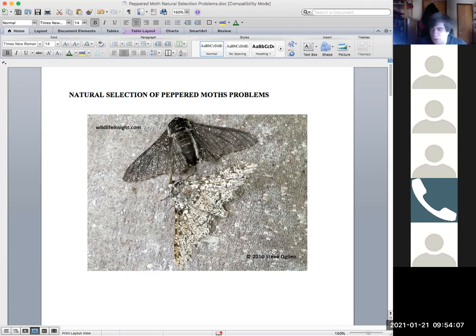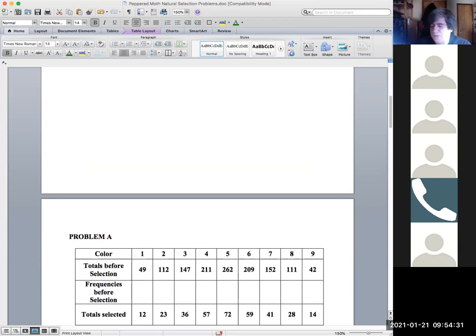So starting with number 1 is the lightest, it's almost white. Number 9 is the darkest, it's almost black. And then 2 through 8, the colors in between are various shades of gray. 2 is a very light gray, it's just got a few dark spots, almost white. Number 8 is a very dark gray, almost black, it's just got a few white spots.